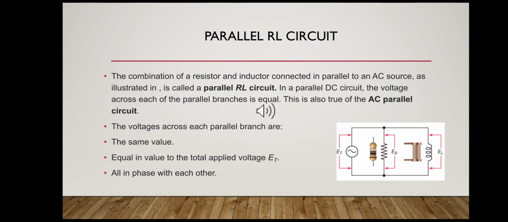This is also true of the AC parallel circuit. The voltage across each parallel branch is the same value, equal to the total applied voltage, all in phase with each other.